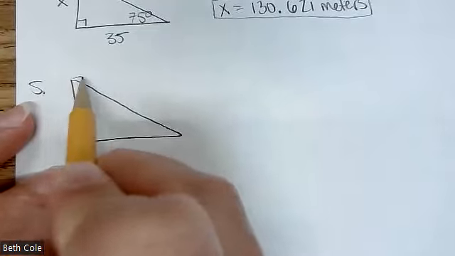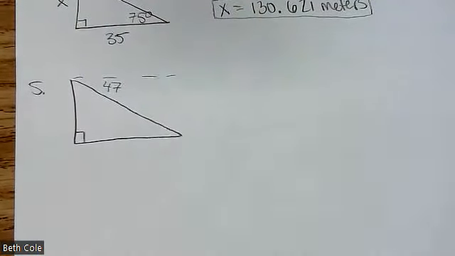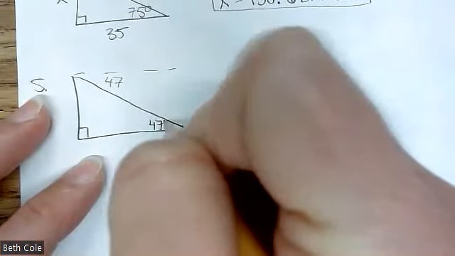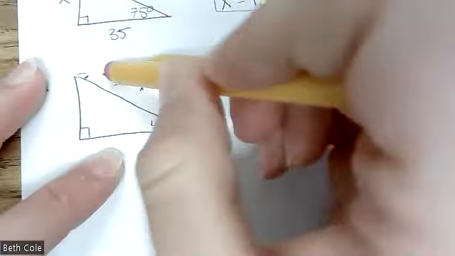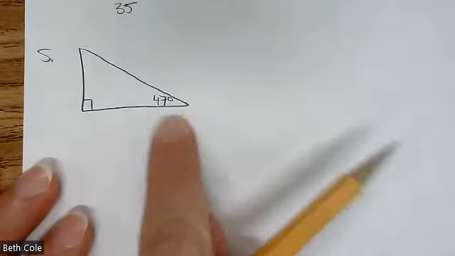His angle of depression of 47 goes right there, but I don't want you to put it there. Do you remember how we talked about how the ground and the sky, I know the earth is round, but in theory, they're parallel. So alternate interior angles, where does that 47 go? Just put it down here. Don't even bother with the other one. That's mathematically what happened, but just put the angle at the bottom.